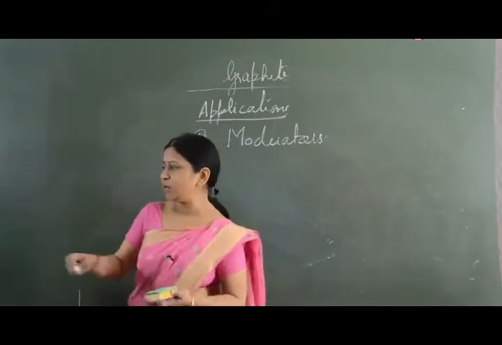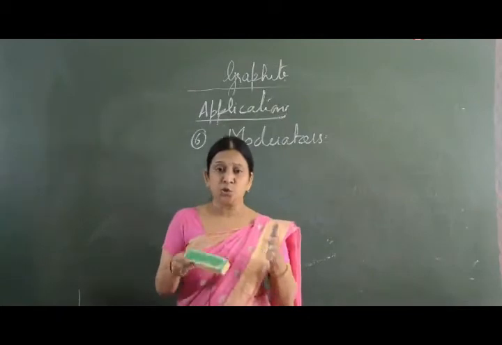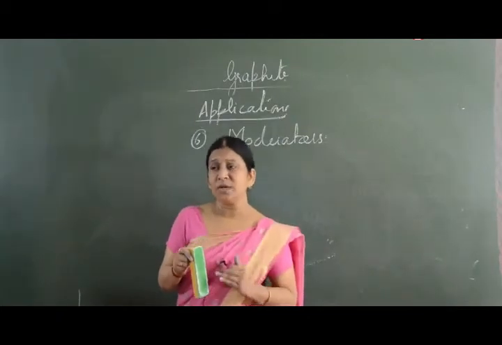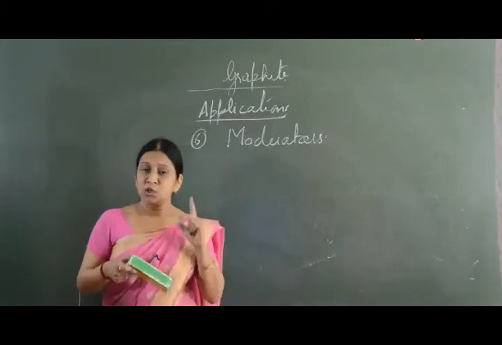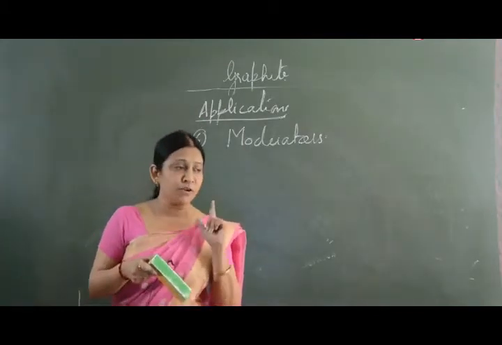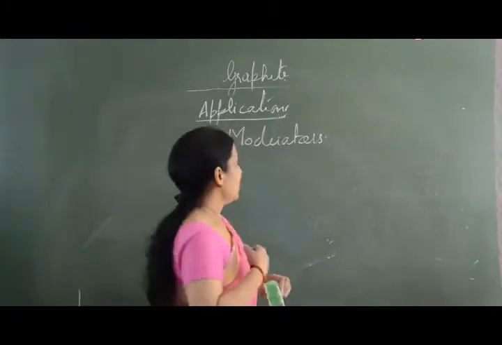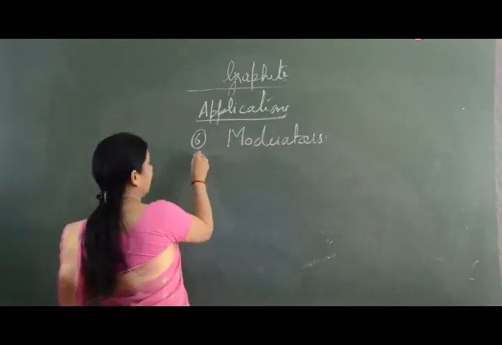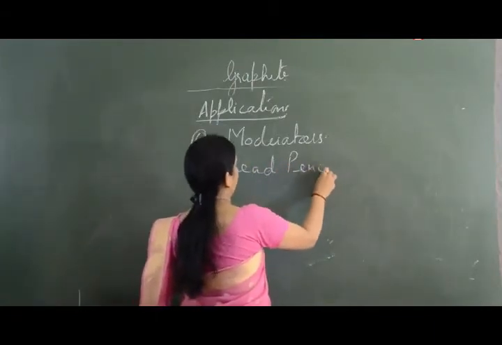What happens in a nuclear reactor is that we have fast moving neutrons. To slow down the speed of neutrons, we use graphite, which is used as a moderator. So it is another important use of graphite. Then a very important use is lead pencils.